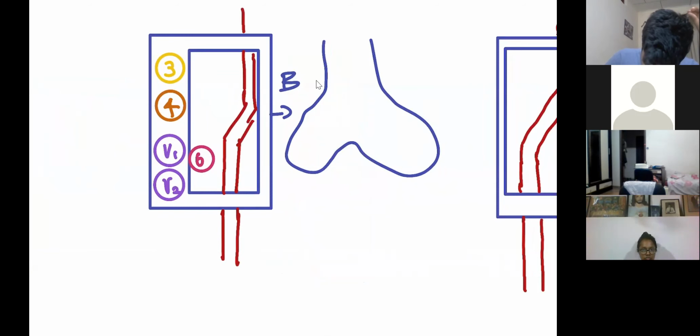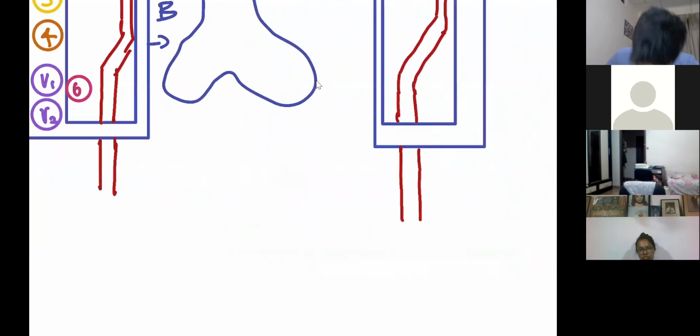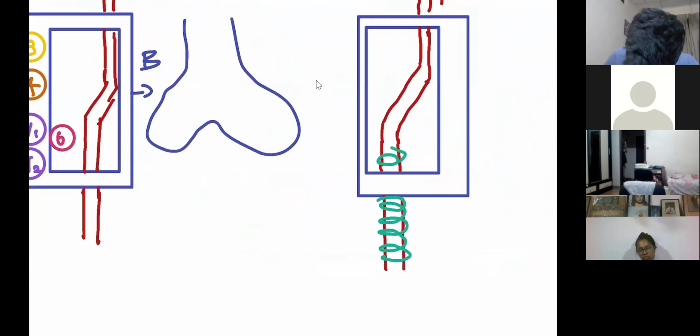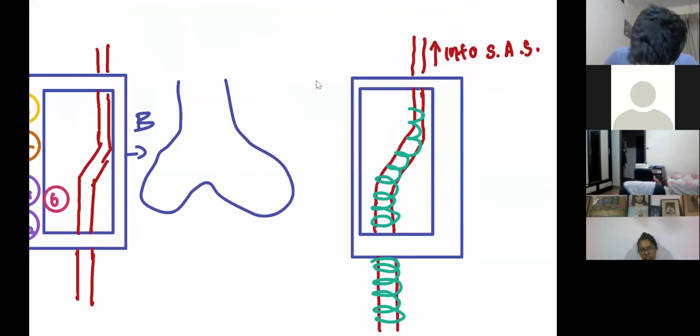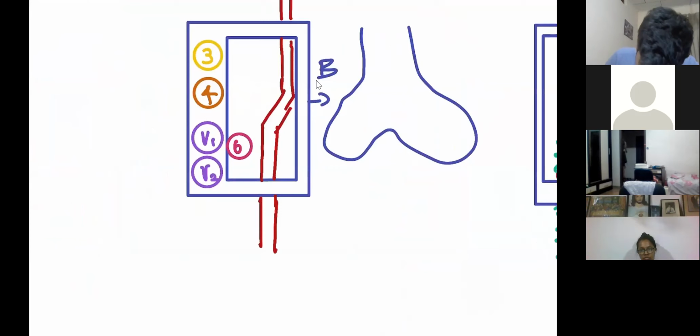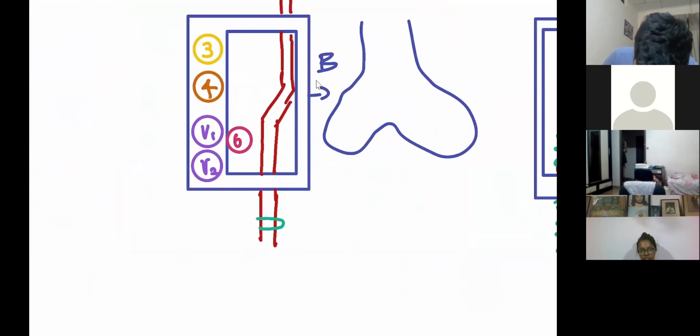I need you guys to know there's a very special structure. The sympathetic nervous system travels in tandem with the internal carotid artery, wherever the internal carotid artery goes. This is the sympathetic nervous system.